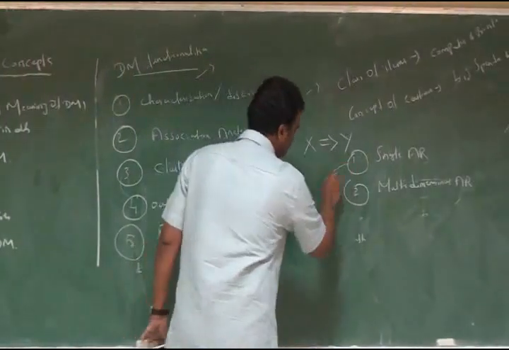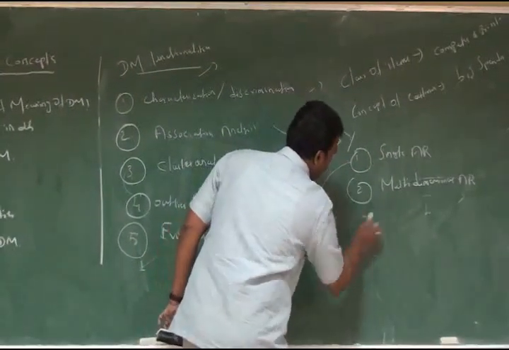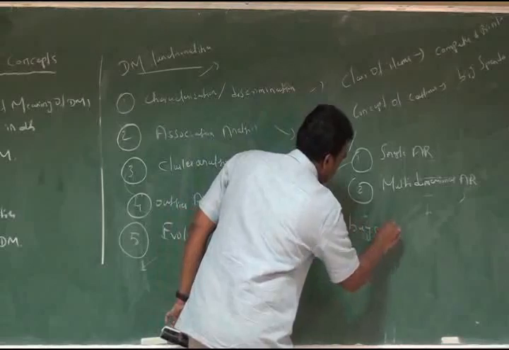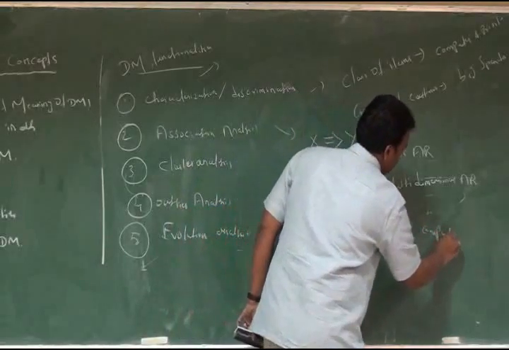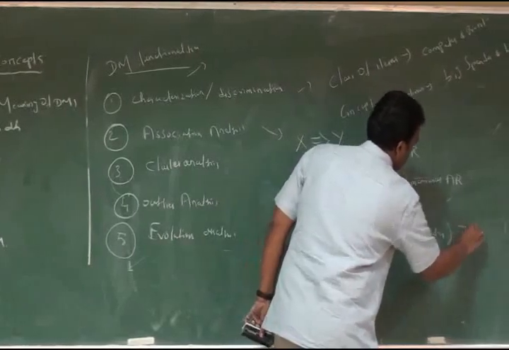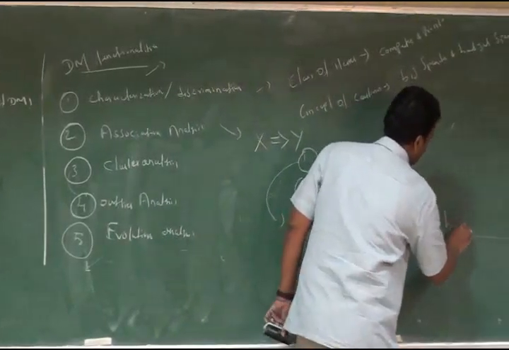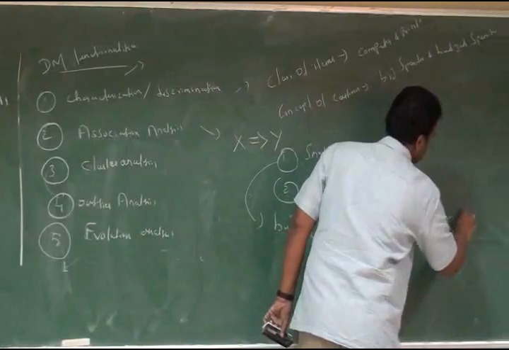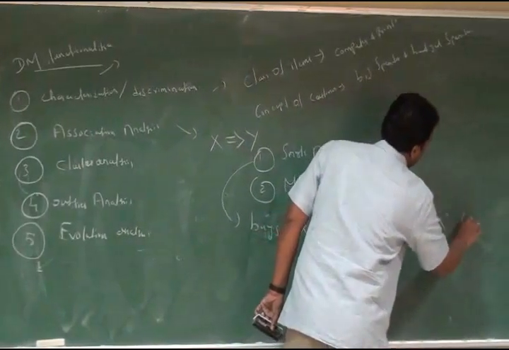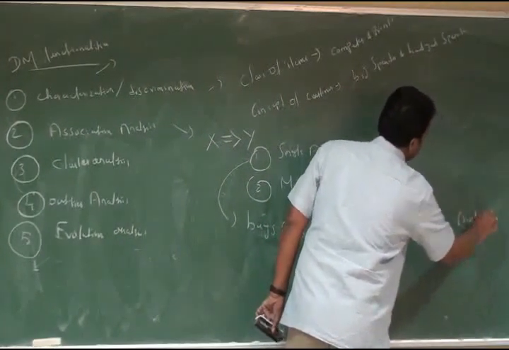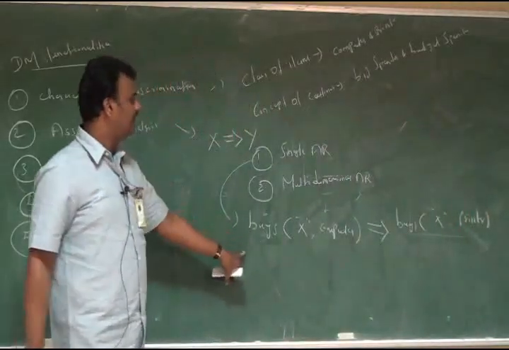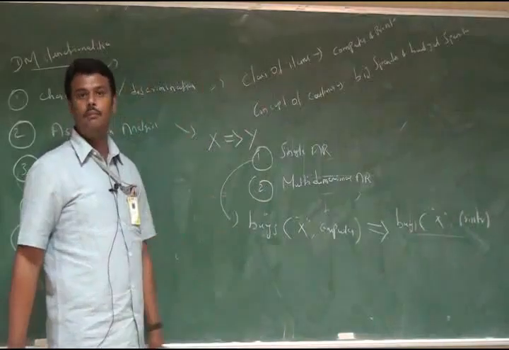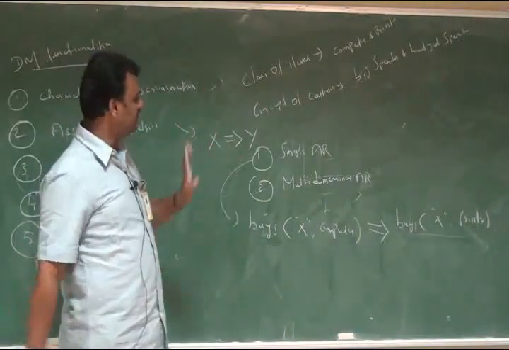For example, buys(X, computer) implies buys(X, printer). What is the meaning of this rule? If a person buys a computer, he is also likely to buy a printer. That is the single association.